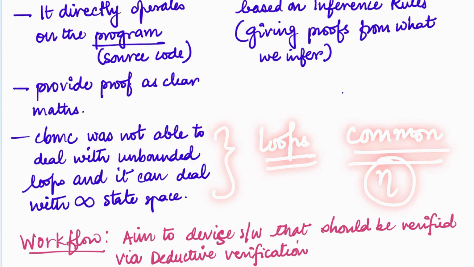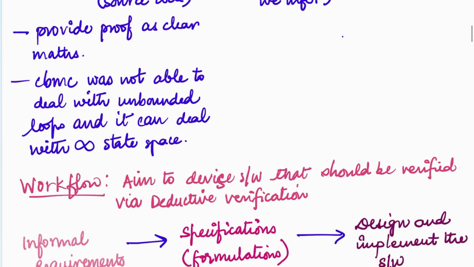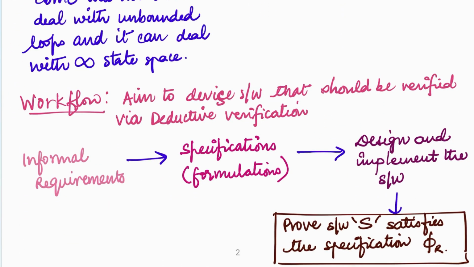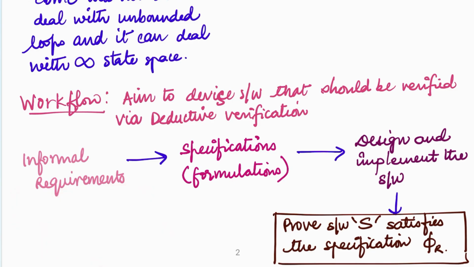Now, what will be the workflow? The workflow will go as, whenever you're making a program, suppose you're making a program for your business idea where you want to build up a website that is helping other students know about the nitty-gritties of applying for a university. Now, these are the informal requirements.